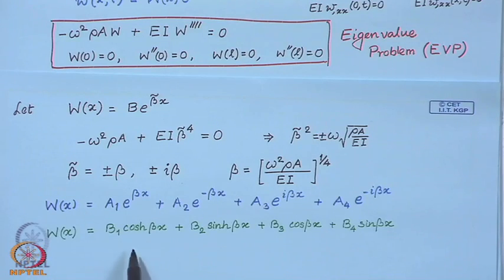So, here again b1, b2, b3, b4 are now real constants.